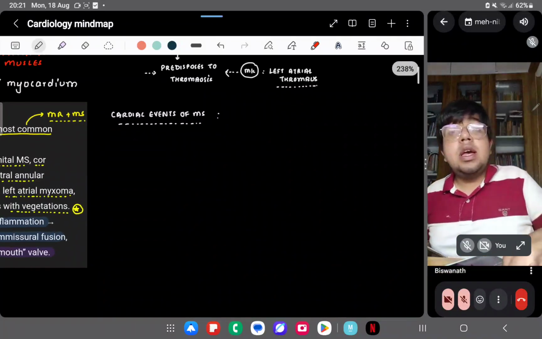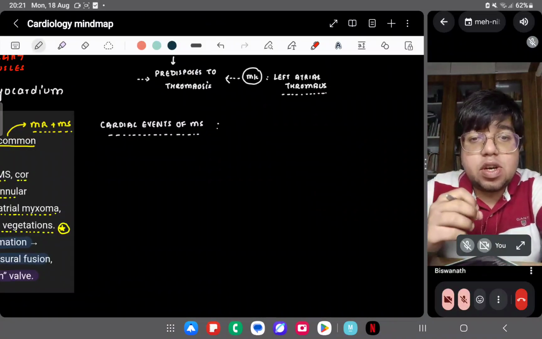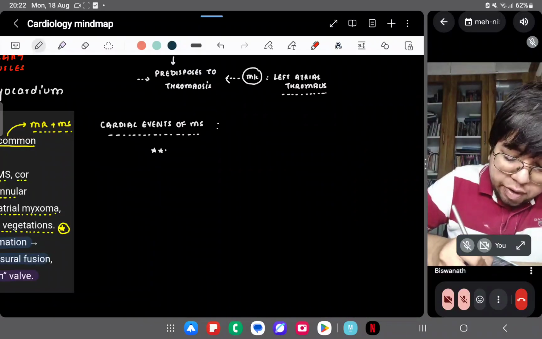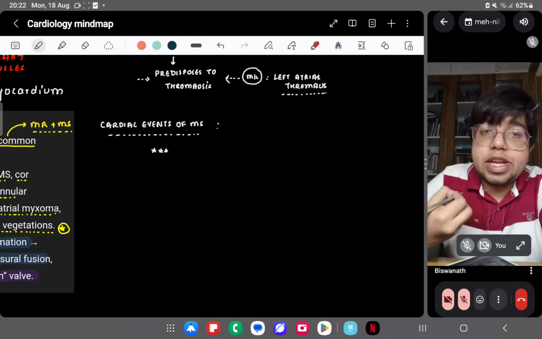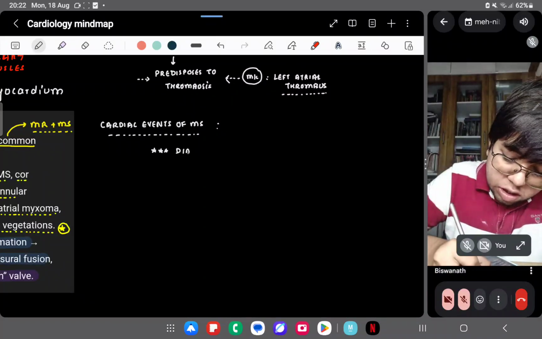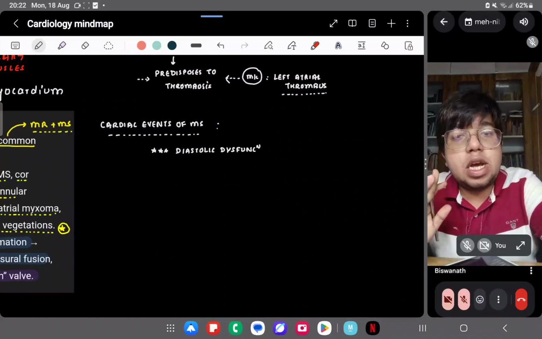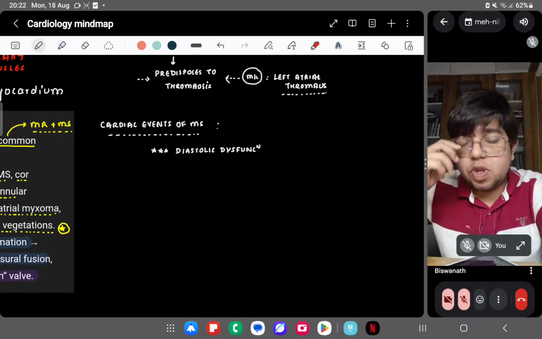Look, very importantly, understand that mitral stenosis is a diastolic dysfunction. The first, foremost, and most important line here is to understand that it is a diastolic dysfunction. What happens in diastole? In diastole, basically, we have our S2, the second heart sound.